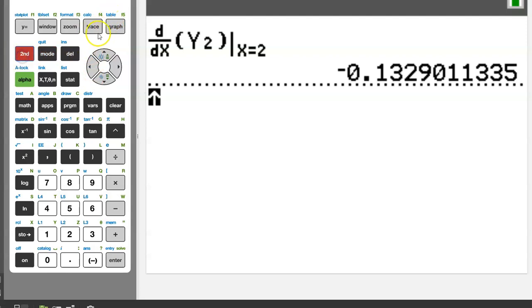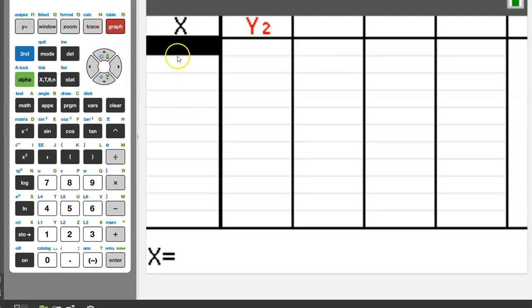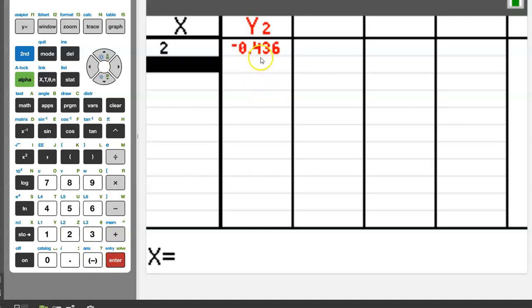So I will hit second table, and now I can just type in the value at which I would like to evaluate. So I want t equals 2, which we're using x, so x equals 2. And there it is. The value of function 2, which was the velocity, is negative 0.436.